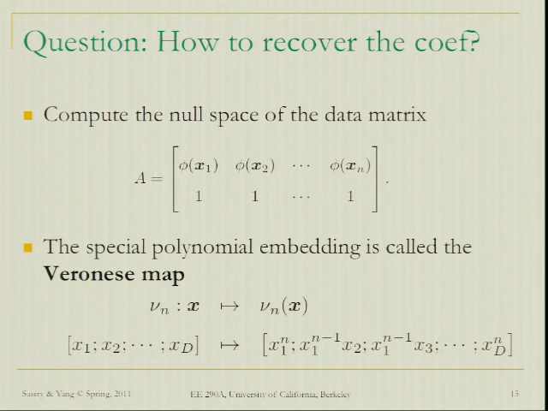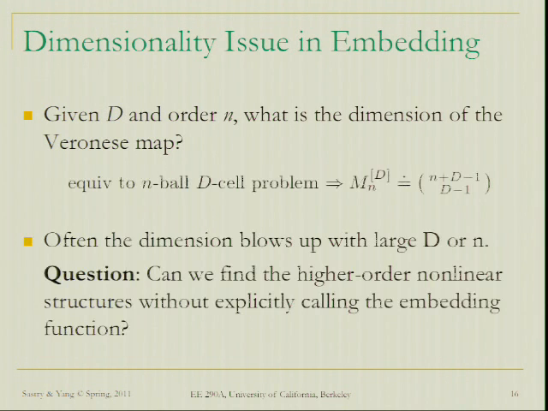The nth order Veronese embedding in d-dimensional space is the list of nth degree monomials in d-dimensional space. And we have also discussed how to compute the dimension of the Veronese map, which is equivalent to the famous n-ball d-cell problem. So at the end, we get this quantity, which is n plus d minus 1 choose n.